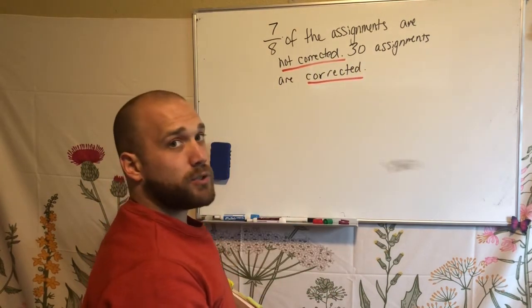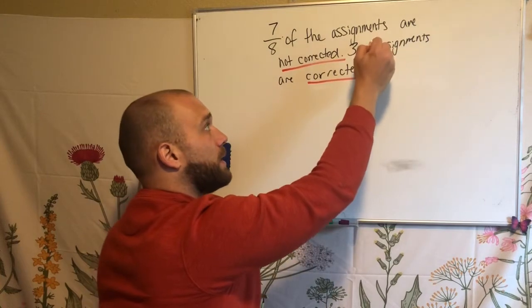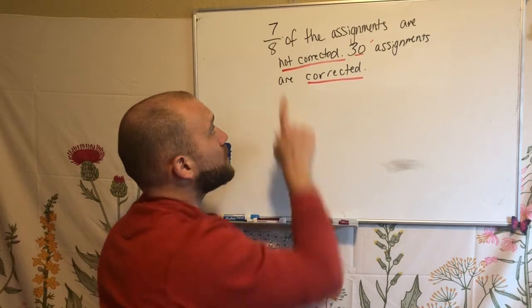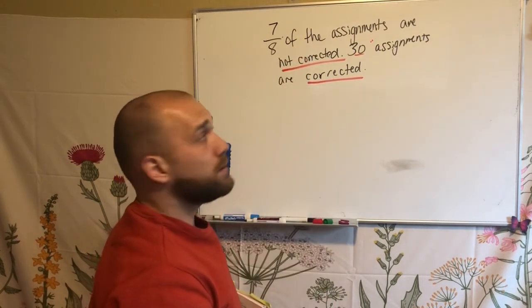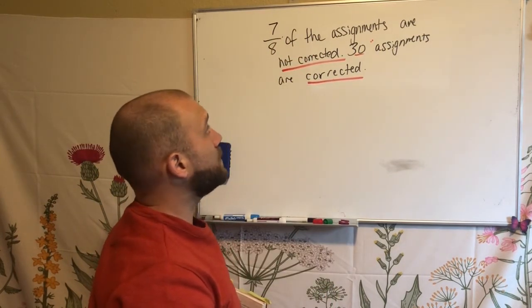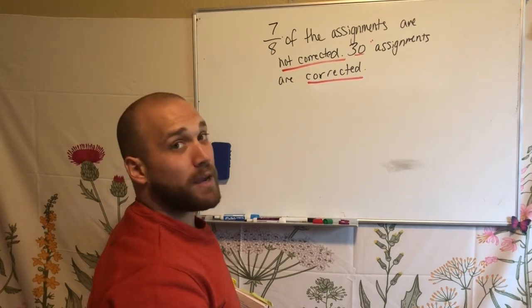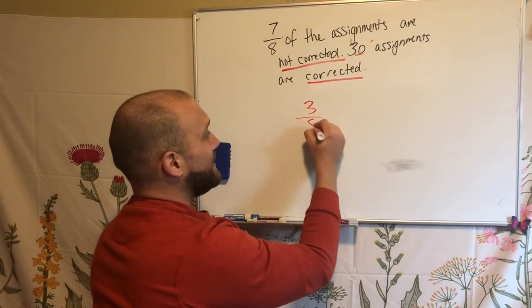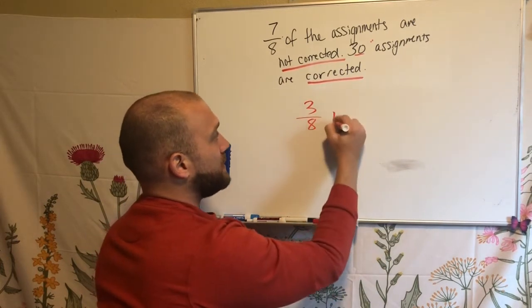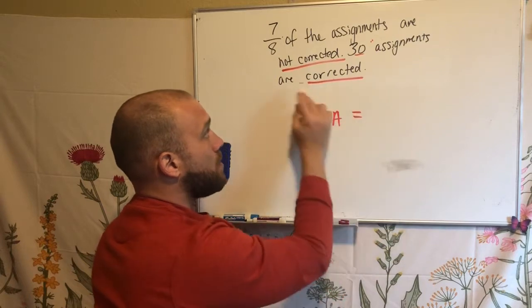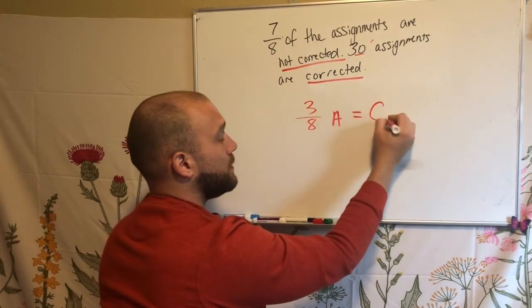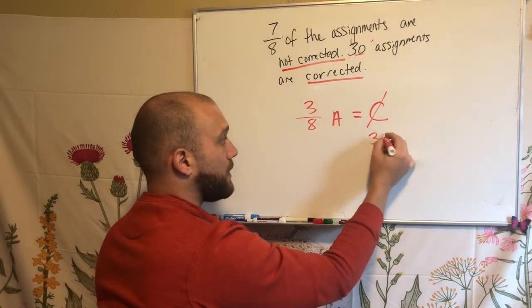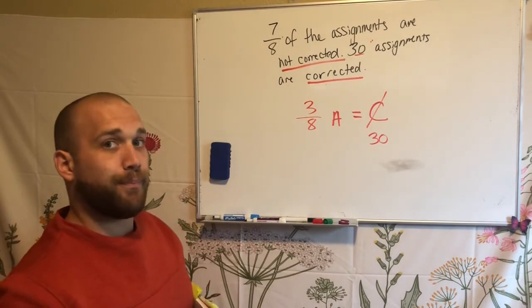Which one has a number associated with it? This one, 30. 30 corrected assignments. So if I have 7/8 here that are not corrected, what's left over to make 8/8? 3/8. So I know that 3/8 of the assignments are what? Corrected. Because then I can cross this out and put 30, like so.